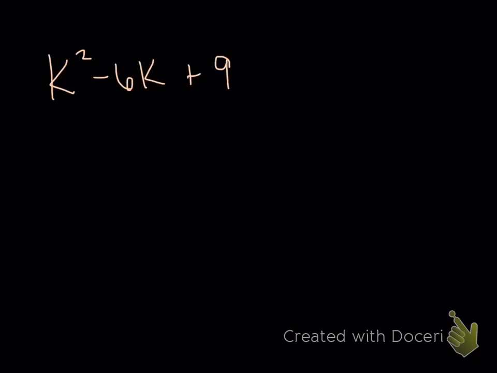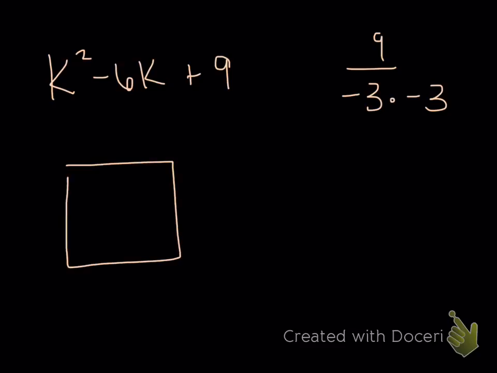And I know my two values that will suffice would be a negative 3 and a negative 3. So whether you do the box method or this grouping method, go ahead and factor this. I'll do the box for this one. So I have k squared, I have 9, I have negative 3k, and a negative 3k.